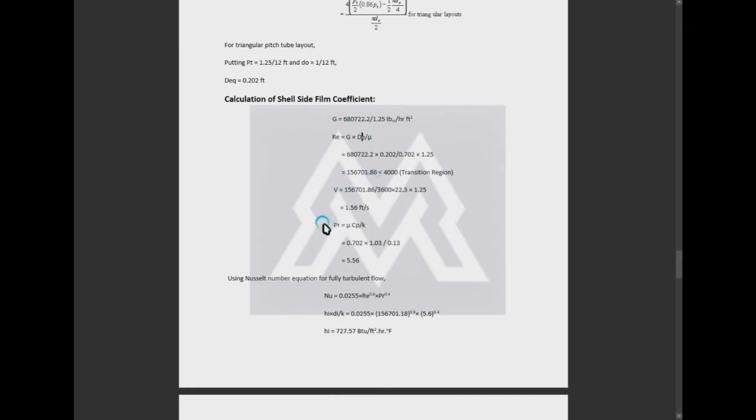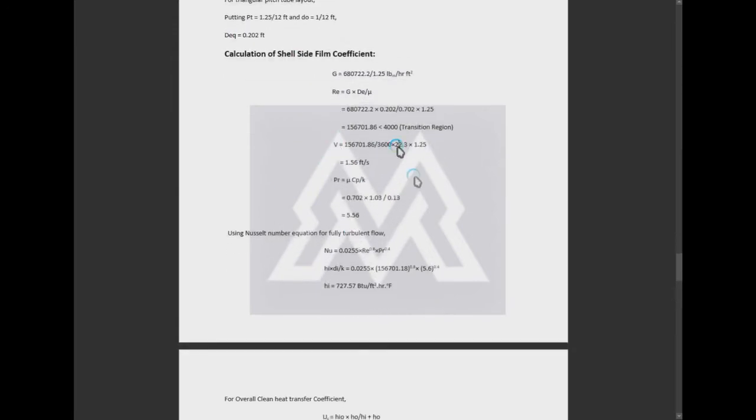Here we have calculated the velocity, because we do not iterate it here like we did on the tube side. It comes out using the same formula, G over density, where G is mass over area. This is again our 2-second conversion. This is the density of the shell side fluid.